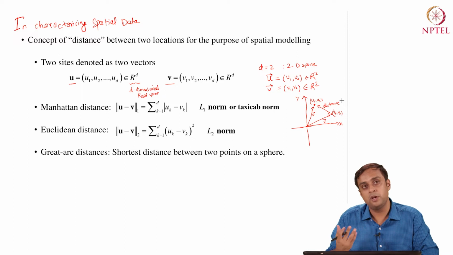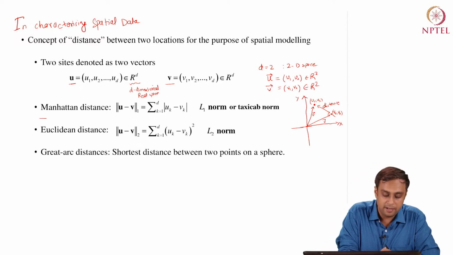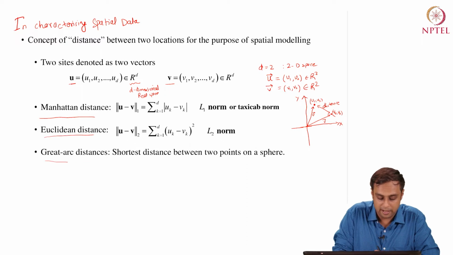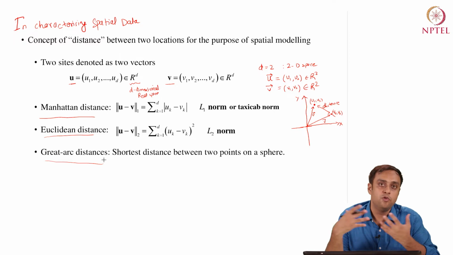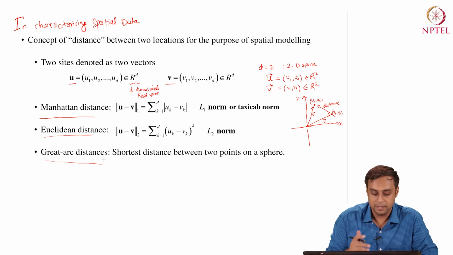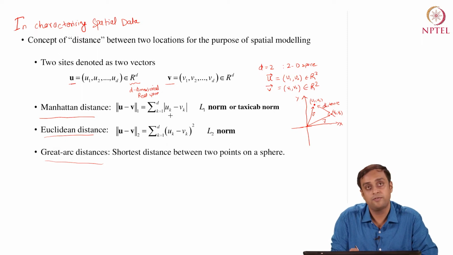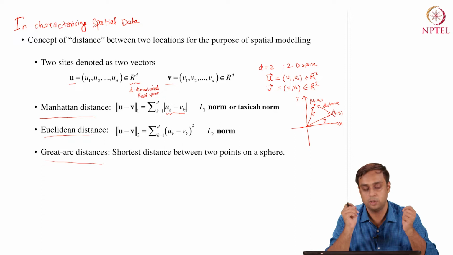The three most popular metrics for doing that are the Manhattan distance, the Euclidean distance, and the great arc distance, right? I'm sure some of you must have heard of these earlier. The Manhattan distance is nothing but a summation of the absolute difference of each coordinate value at these locations.